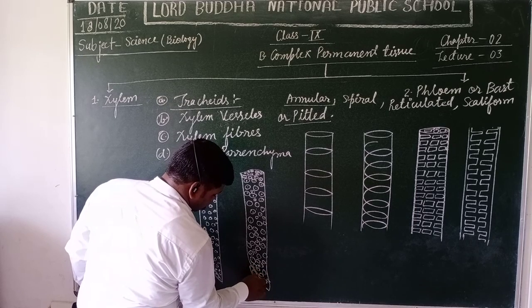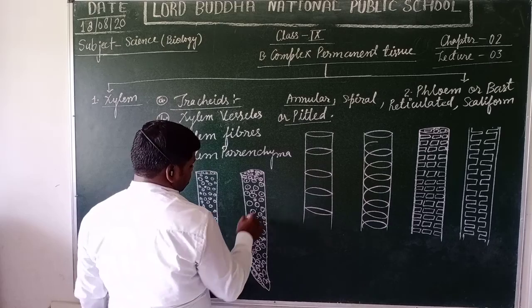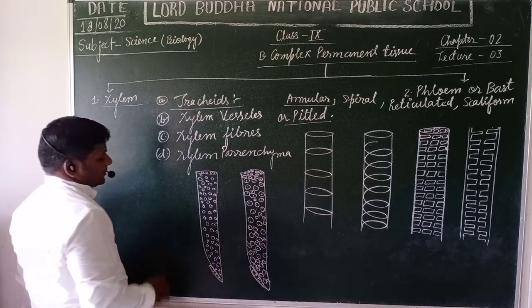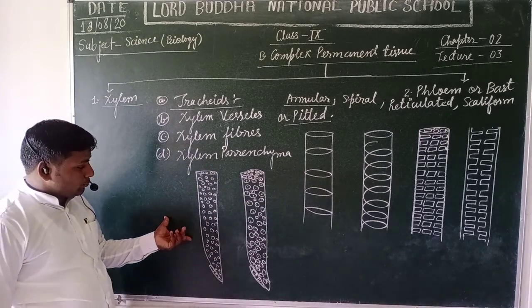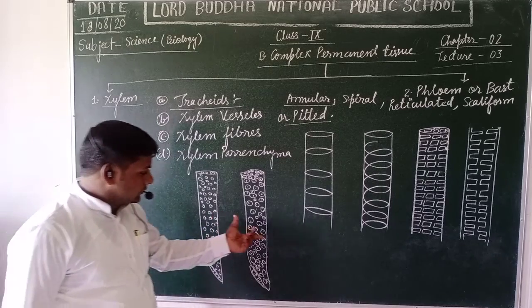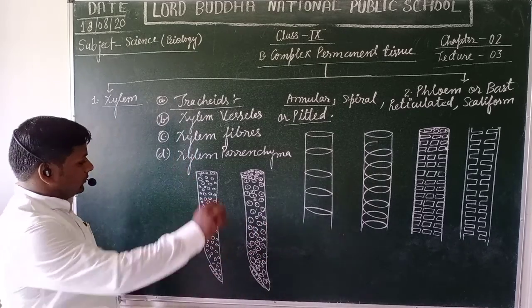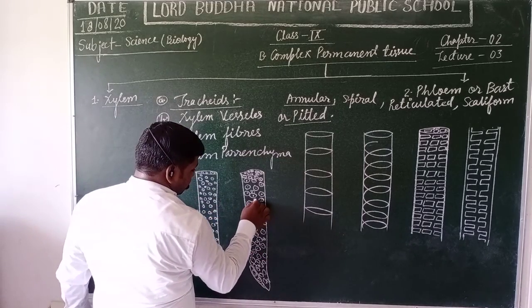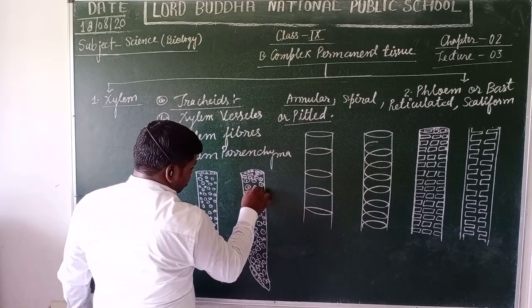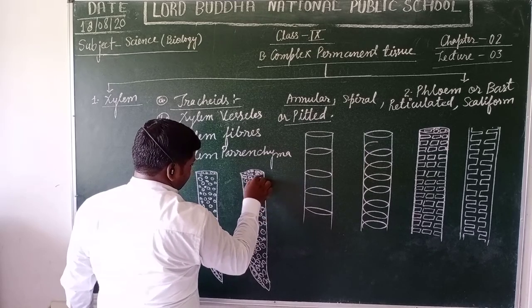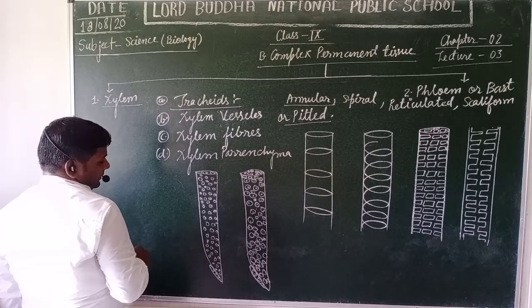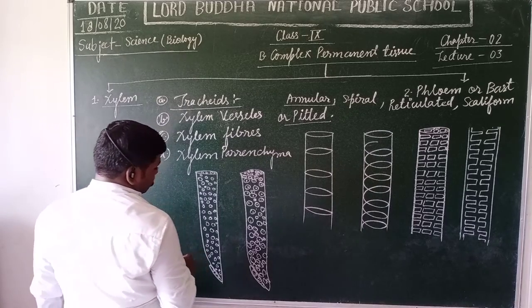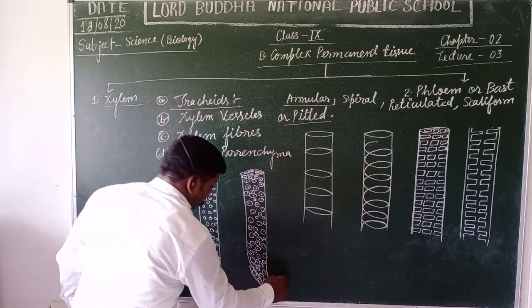These are the bordered pits. What is the difference between this simple pit without border and this bordered pit? Yes, there is a representation of the central structure that is associated with the sclerenchyma fibers. That's why these are called bordered pits.